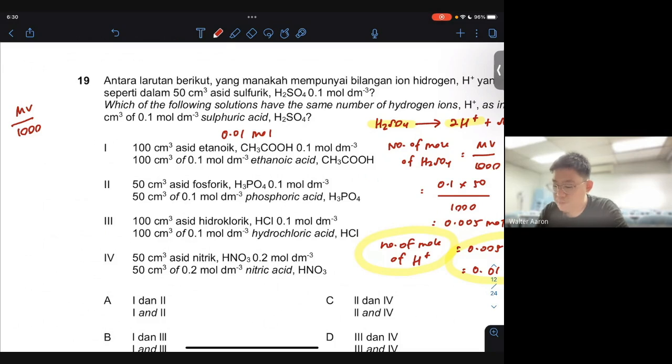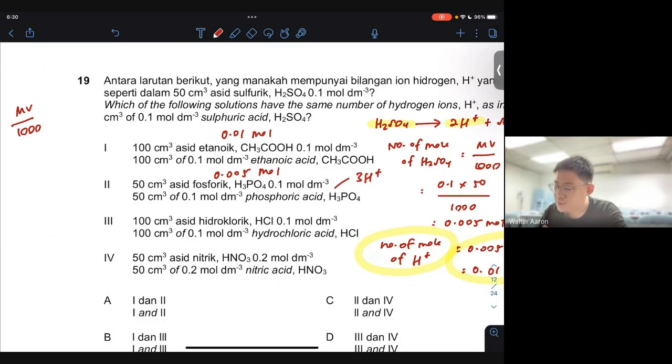Same goes for the rest, okay? 50 cm cube. So you have 0.1 mole per dm cube multiplied by 50 cm cube divided by 1000. And you realize that for number 2, it will be 0.005 mole. And then do keep in mind that phosphoric acid is a triprotic acid, so you get 3 times the H+ per molecule, right?